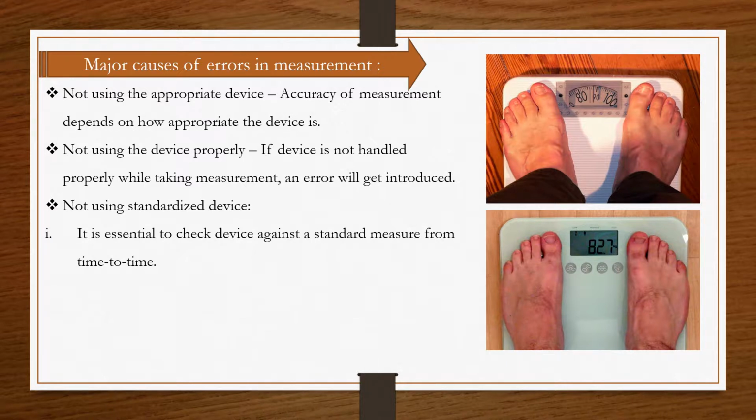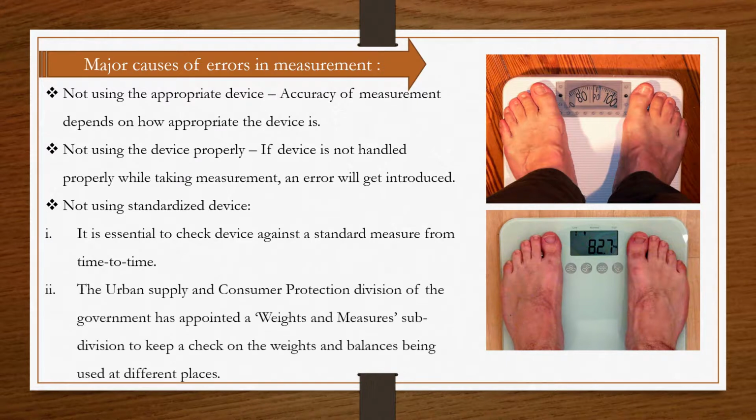The Urban Supply and Consumer Protection Division of the government has appointed a weights and measures subdivision to keep a check on the weights and balances being used at different places. It also grants licenses for the production, sales, and repairs of weights and measures.